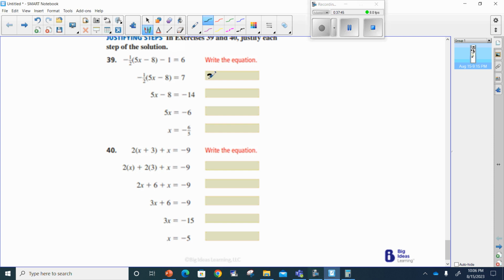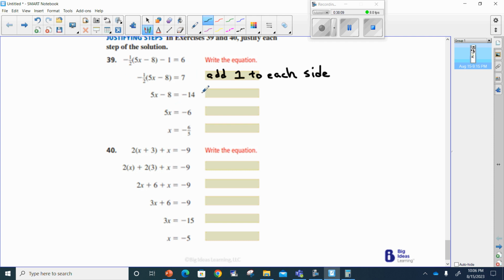So that means they added 1 to each side. Okay, and that's how they got 7 over here, because 6 plus 1 is 7.